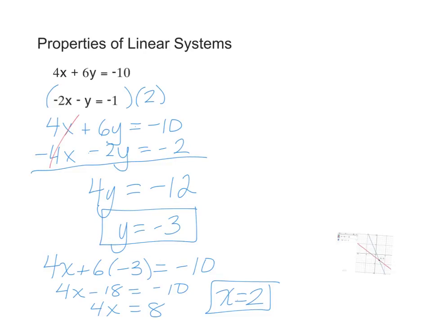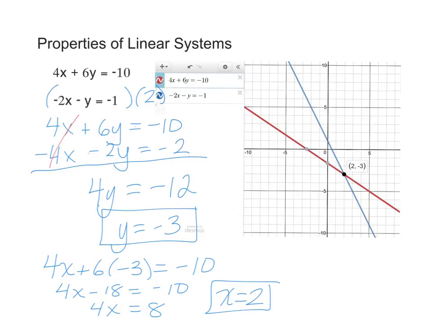If we think about this one graphically, what does that mean, that answer of 2 and negative 3? Do you understand how those numbers relate to a graphical solution? That's where the 2 lines intersect. So if we look at the graph here, I just graphed these 2. You can see the equations there. 4x plus 6y equals negative 10.